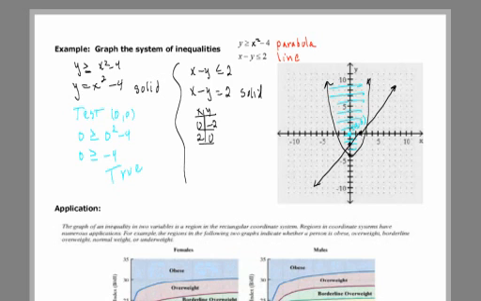Again, we can test it because it's not on that line. 0 minus 0 less than or equal to 2. So this says 0 is less than or equal to 2. Is 0 less than 2? Yeah, it's true. So the line, which goes through 0, -2 and 2, 0, is going to be shaded towards the 0, 0 point. So this one's going to be shaded in that direction.